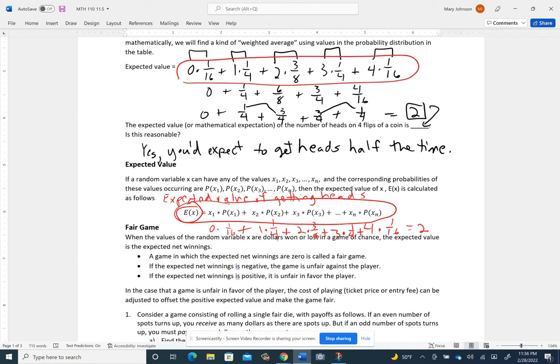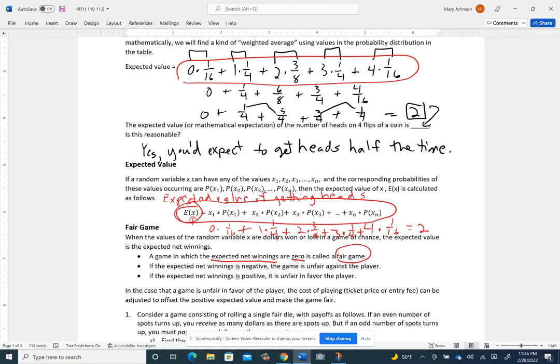So if the values of this random variable have to do with how much money you win or lose in a game, then instead of just calling it expected value, it's the expected net winnings. Okay. And if the expected net winnings is 0, then the game is fair.